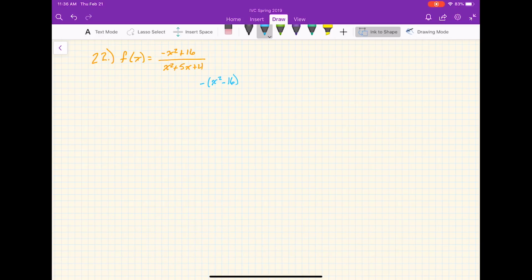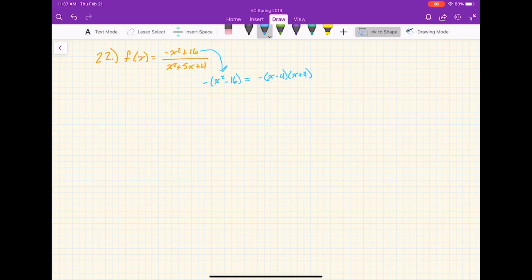And then we get, and now we have a perfect square, which is going to be easy to factor to a negative quantity x minus 4, and then x plus 4. So that's the top of our equation here. And we're going to have to factor out, yeah, so I brought this from the top. Should have done it all in line, but I'll do the side work for the bottom part of the equation here.